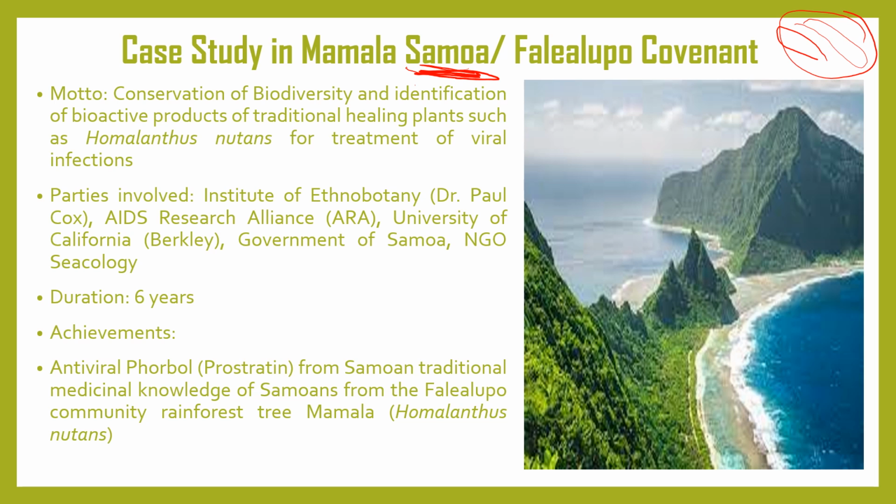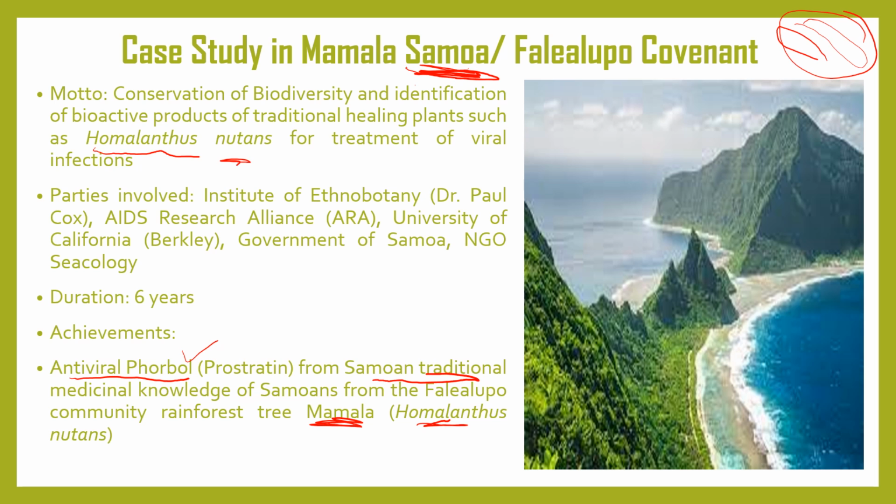And out of this, Homalanthus nutans, which is known as the mamala plant by the native people, had its medicinal property analyzed, and antiviral phorbol was obtained from it. This knowledge of the antiviral property of this plant was earlier with the Samoan traditional healers.